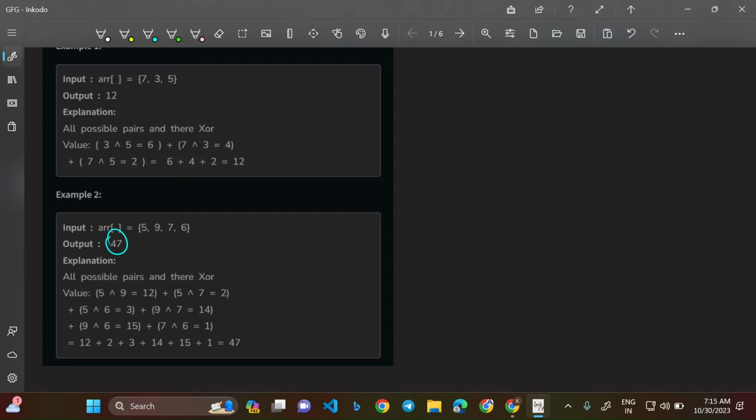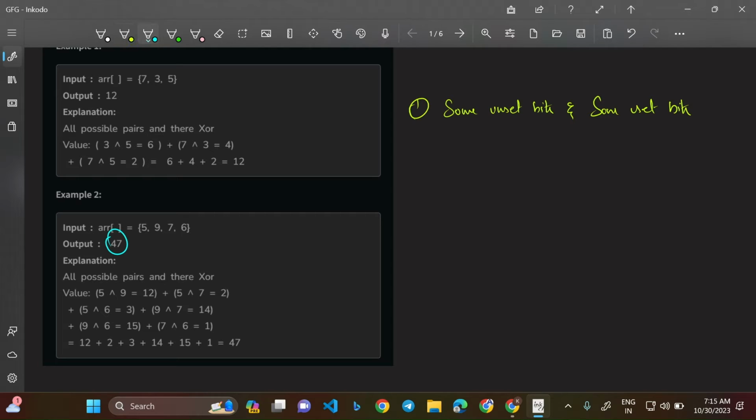The first thing in understanding it is that we must understand this concept: you would only get a result if there are some unset bits and some set bits. What do I mean by that statement?